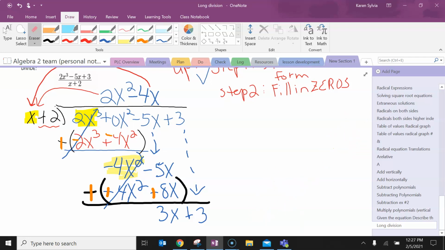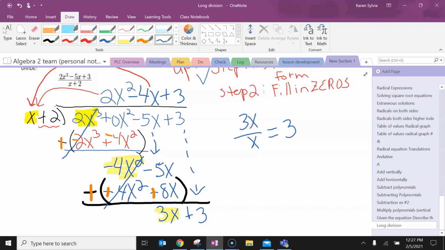Since there's nothing left to drop down at that point, that will be my last piece. So I'm doing the same process over and over again. I divide the lead part, the x, and I'm dividing 3x by x this time. So 3x divided by x should give me just 3. Well, that's a nice number finally. So I'm going to bring my quotient up there to 3.